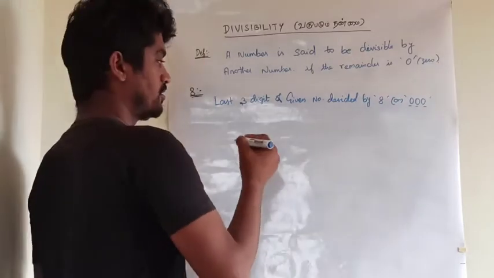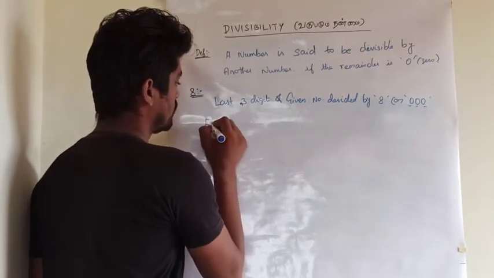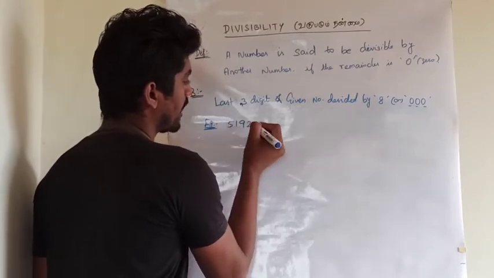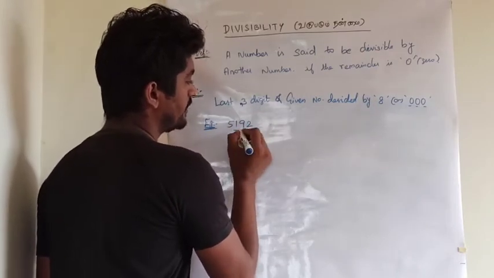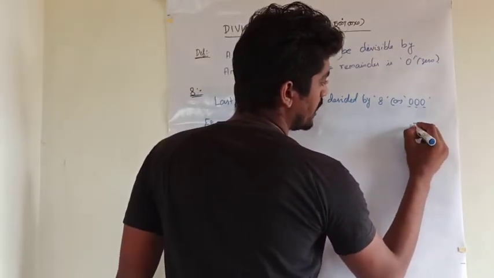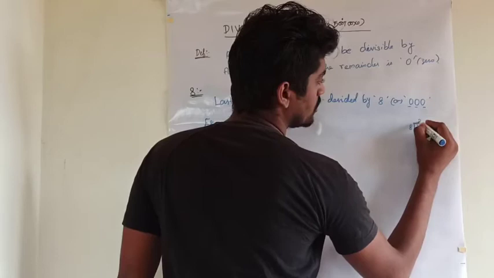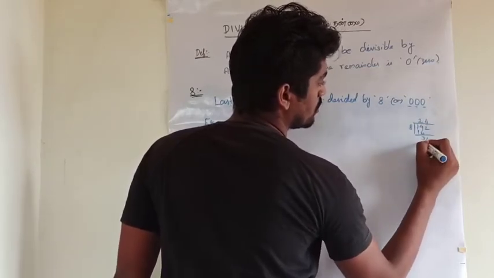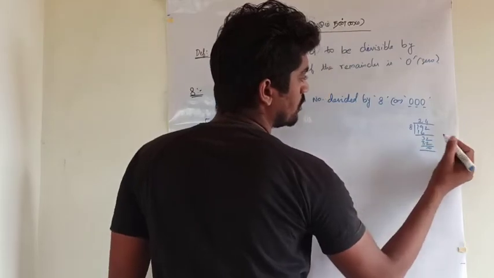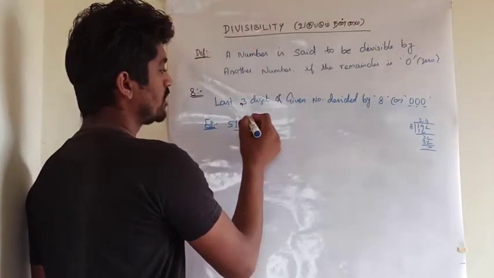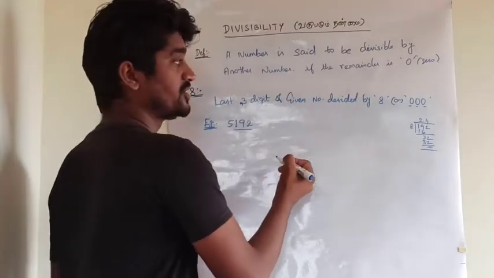See the example 5192. The last 3 digits are 192, which is divisible by 8. So the total number is fully divisible by 8.